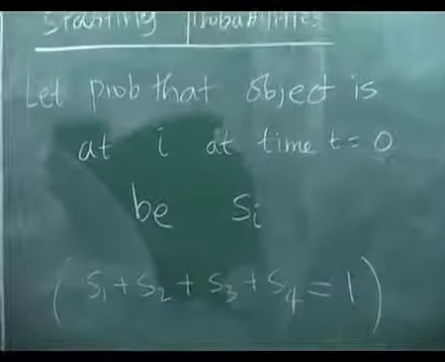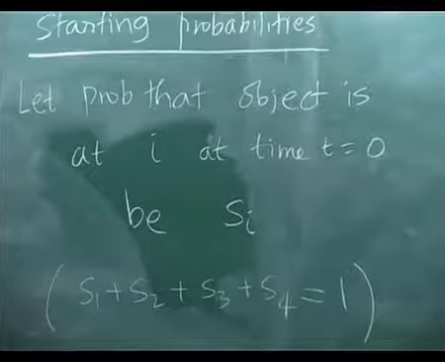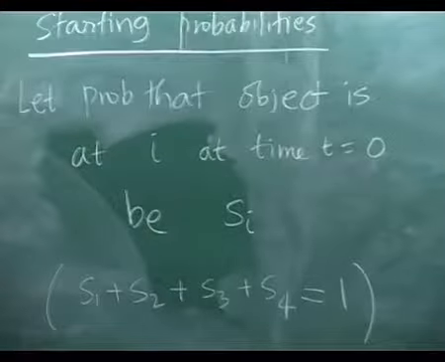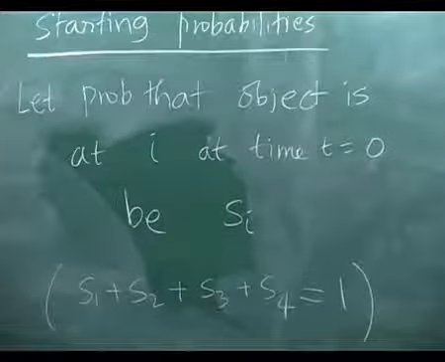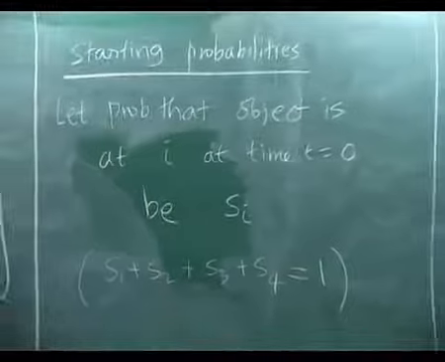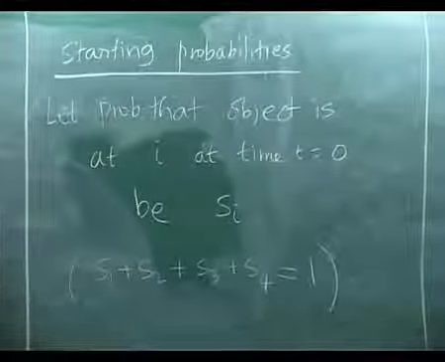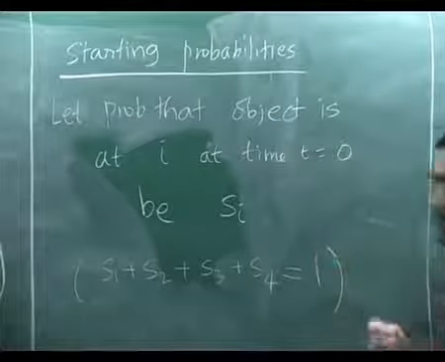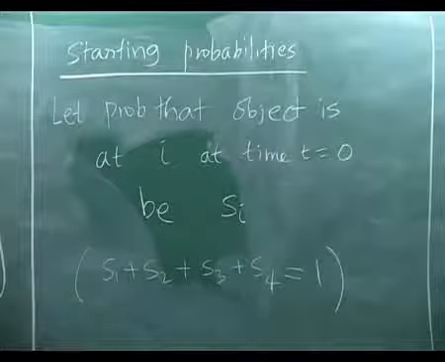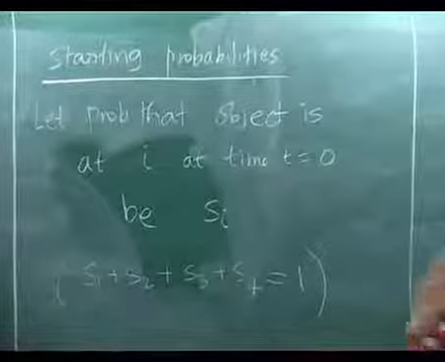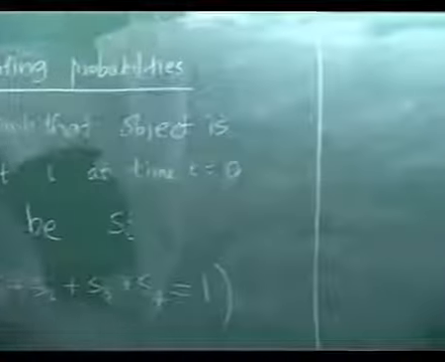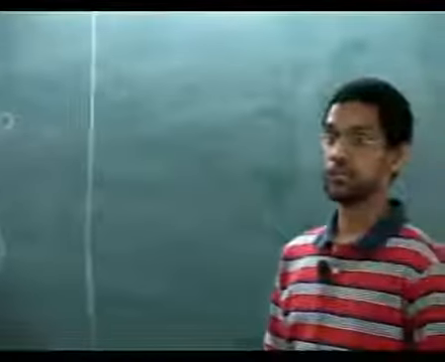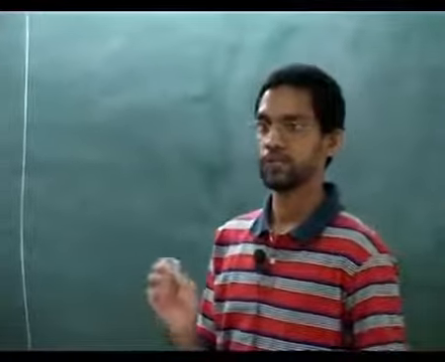Okay, so I give you some Si. So here's the next question. This is the probability that I am at I at time 0. What is the probability that the object is at I at time t equal to 1? After one jump, what's the probability that the object is at position I?